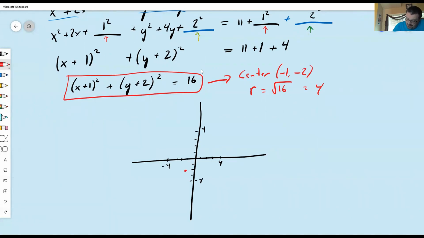And 4 left: 1, 2, 3, 4. 4 up: 1, 2, 3, 4. 4 right: 1, 2, 3, 4. 4 down: 1, 2, 3, 4. And we're going to do our best. Oh, that wasn't my best, apparently. To make a circle.